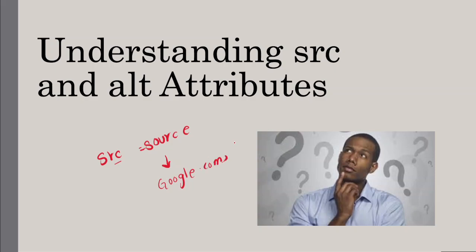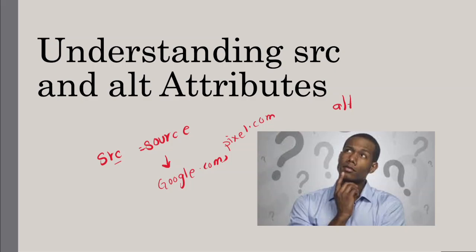And for example, if we are taking an image from pixel.com, its source will be pixel.com. So these are the sources of the image, from where the image is coming. And the other one is ALT, which stands for alternative text, and it's the most important for accessibility and SEO.